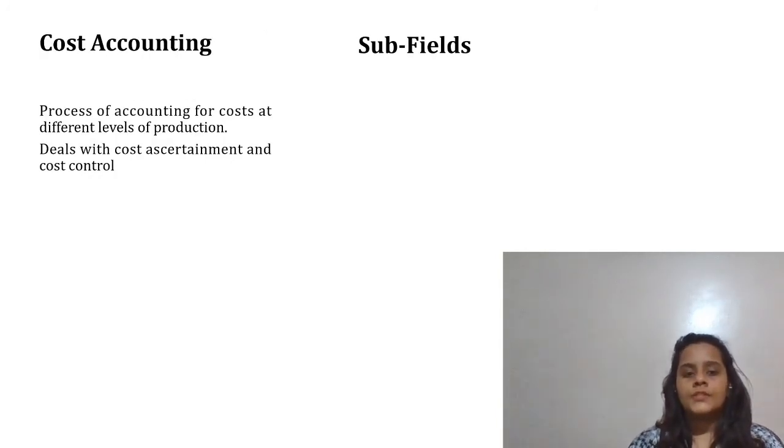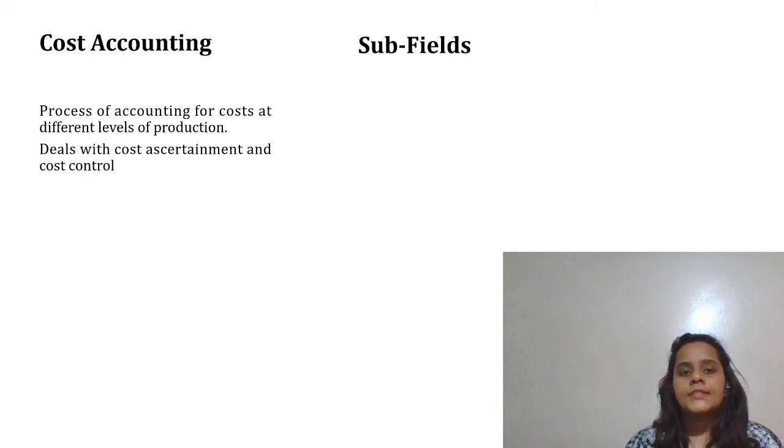Next, we have cost accounting. Now, if you are in a manufacturing company, then to produce a finished product, you will use a lot of raw materials. You are going to incur wages, manufacturing expenses, etc. So, cost accounting is primarily aimed at ascertaining how much cost has been incurred for production of the final product.